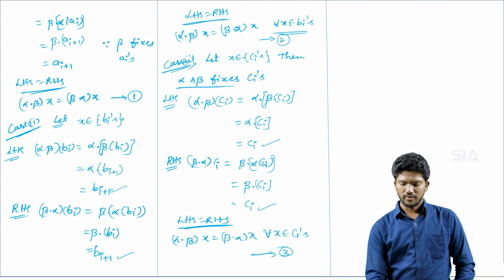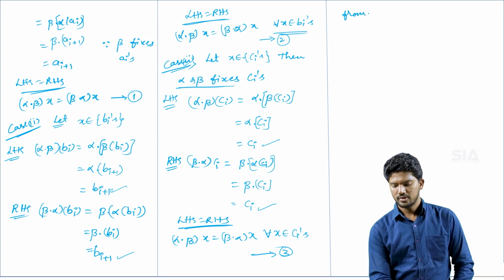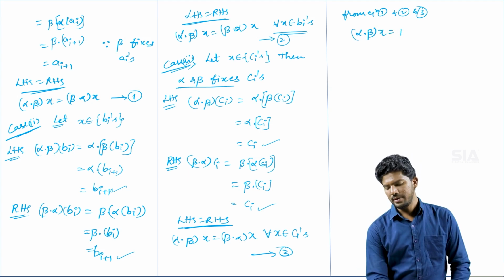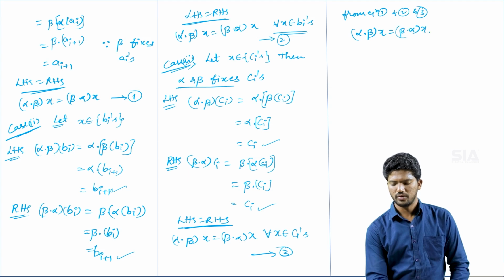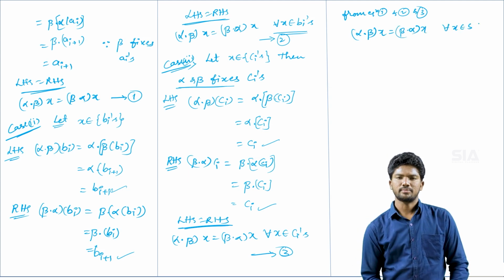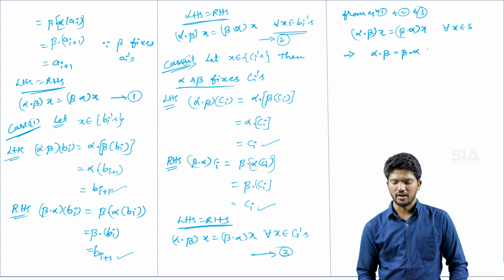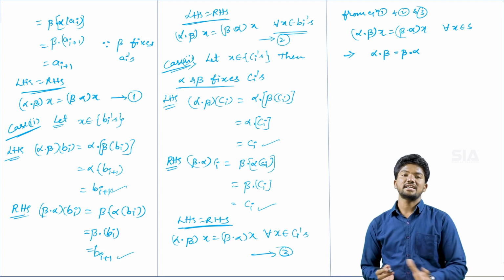So therefore from equation numbers 1, 2 and 3, we can clearly say that alpha into beta into x is equal to beta into alpha into x for all x belongs to capital S. So finally you can say that alpha into beta is equal to beta into alpha by taking the right cancellation law.